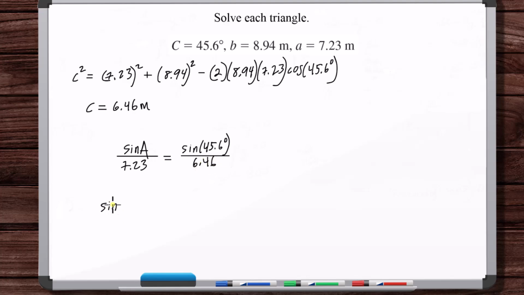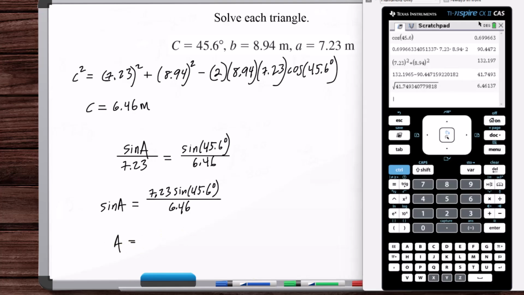So sine of A is going to be 7.23 sine of 45.6 degrees over 6.46.